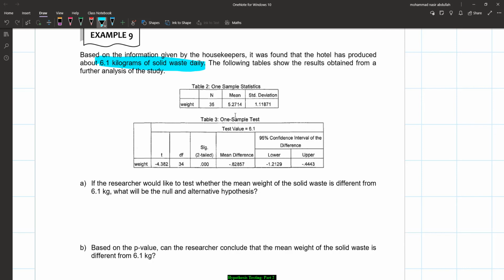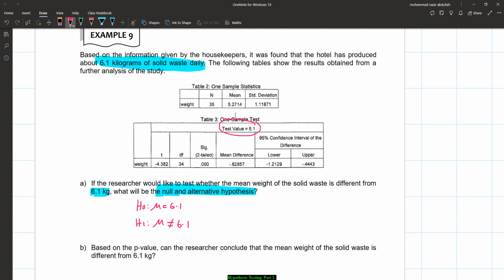If the researcher would like to test whether the mean weight is different from 6.1, what will be the null hypothesis and alternative hypothesis? Here the test value is 6.1. The null hypothesis will be mu is equal to 6.1. The alternative hypothesis will be mu is not equal to 6.1.